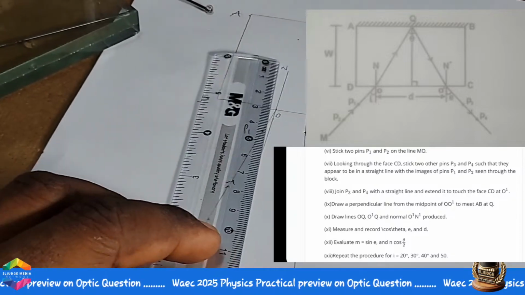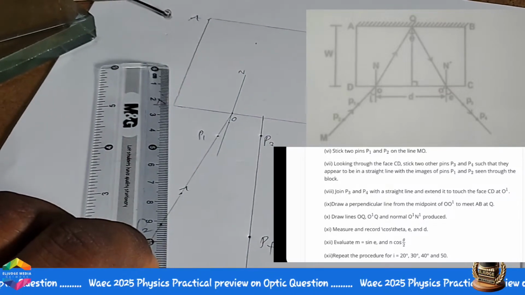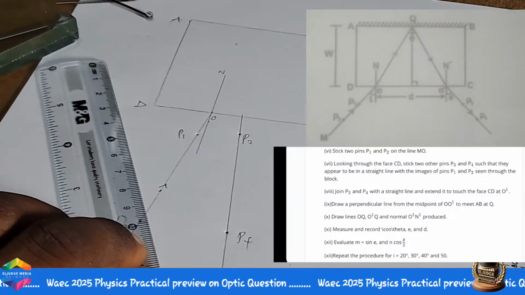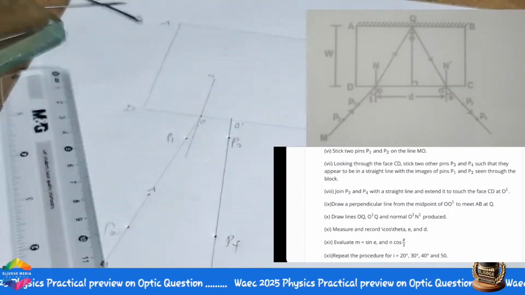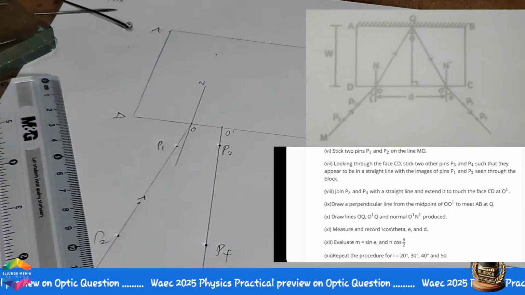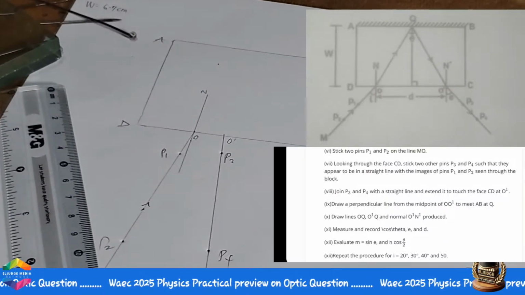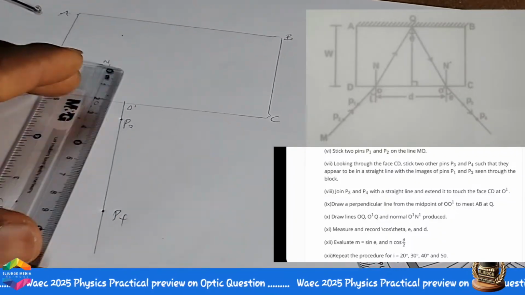Then the instruction says draw a perpendicular line from the midpoint of OO prime. This is O and this is O prime, O prime to meet AB at Q. So let us first draw.